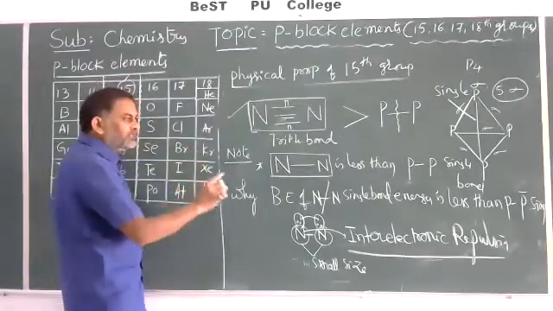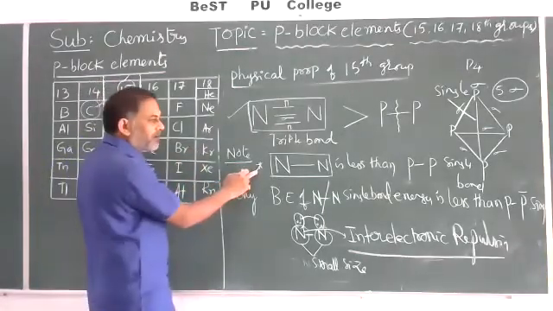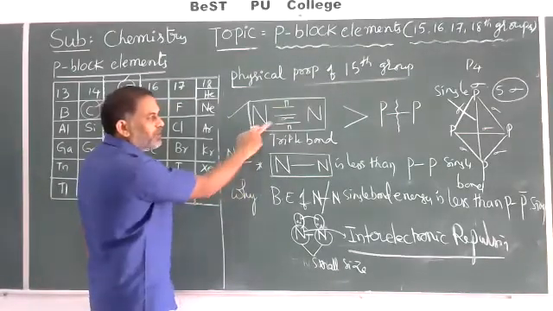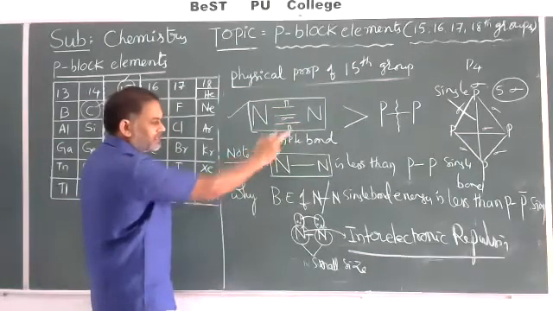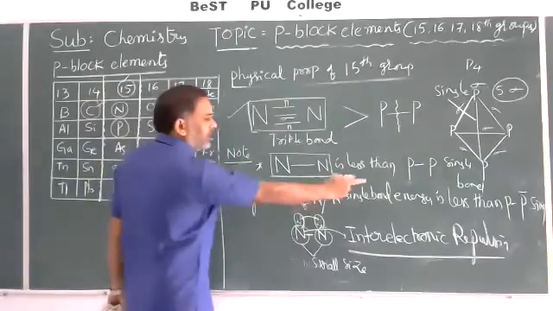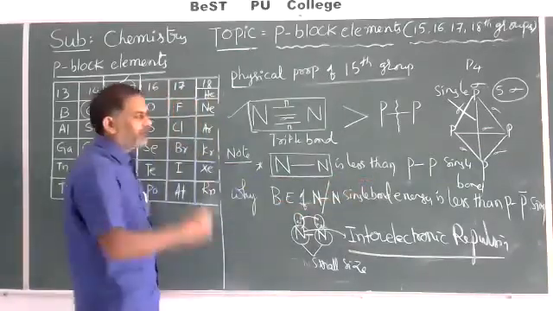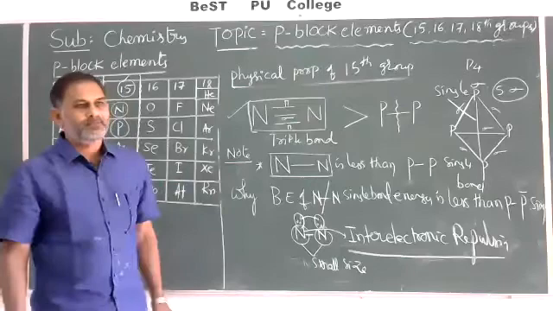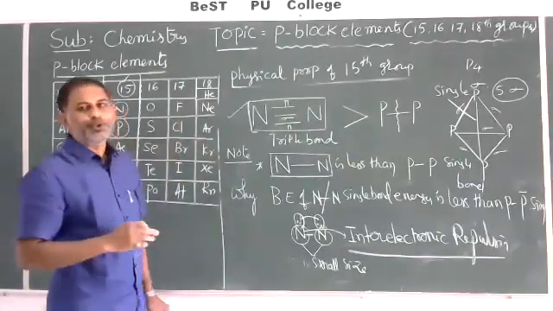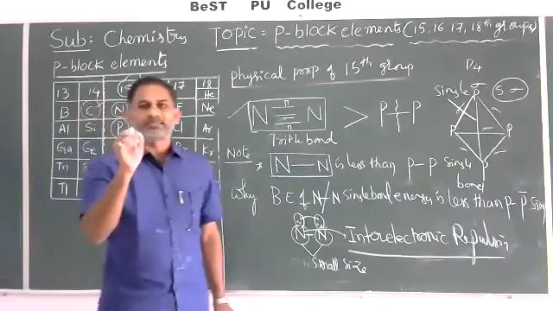In the NCERT book, it is very clearly given in one paragraph, just read this paragraph, very important. Bond dissociation energy of a triple bond is more than the single bonds of phosphorus, whereas the bond energy of a nitrogen single bond is less than the phosphorus single bond. Very important question this is. So all these physical and general properties of 15th group elements, better you read from the NCERT book.